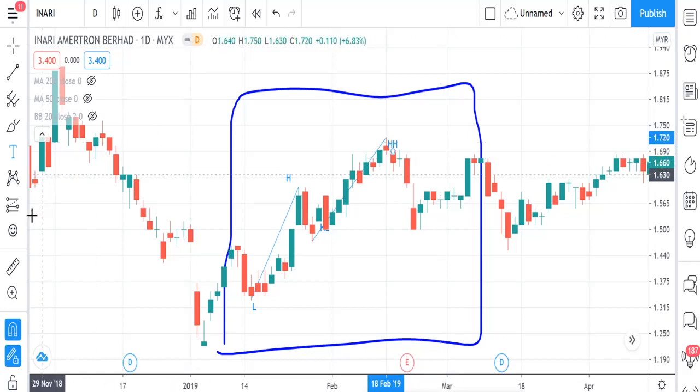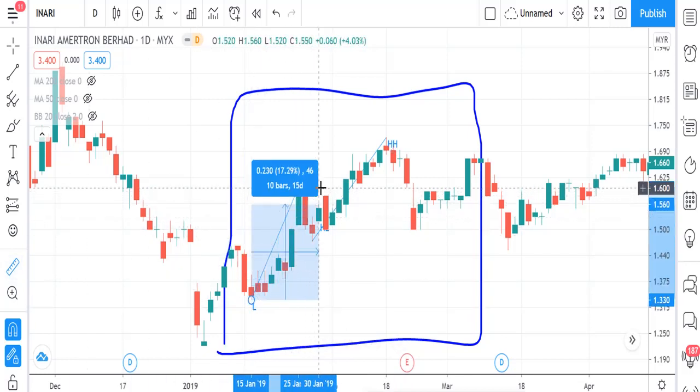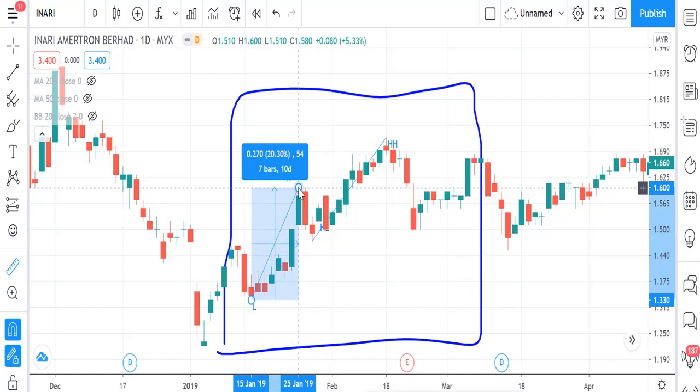First we can try to measure the strength of it. We can take from this point to that point. The strength measurement I've already explained in one of the videos. So here it says 27 cents.